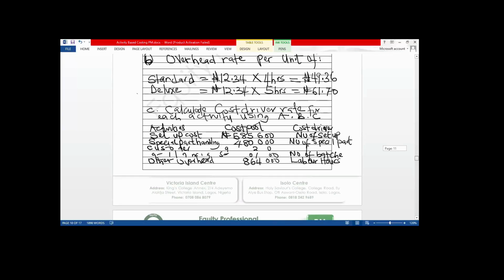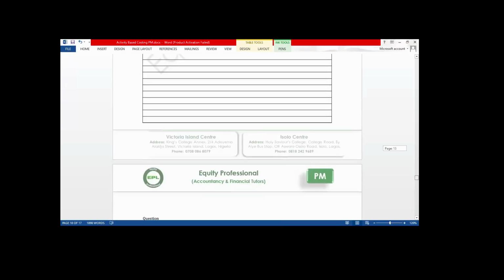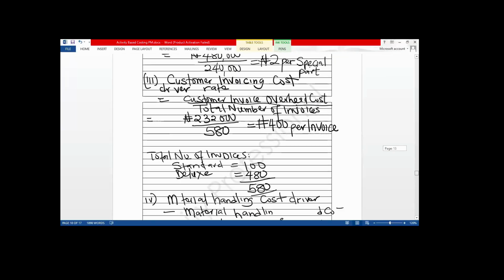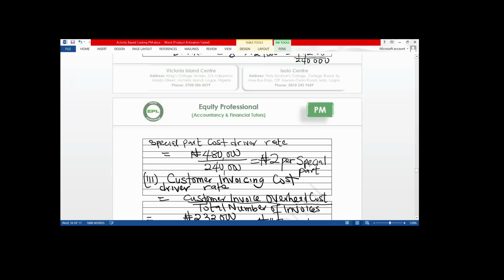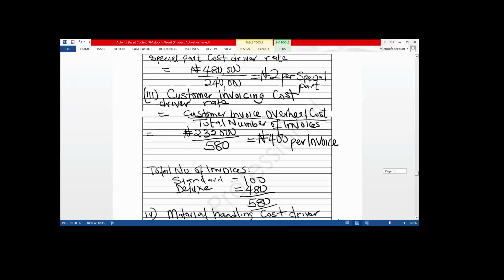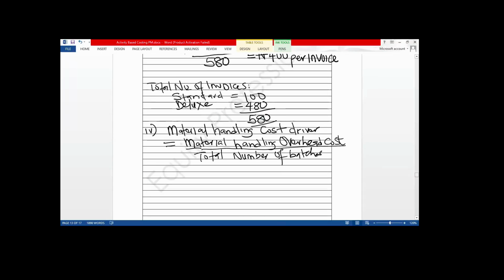So the examiner says the overhead cost of material, the cost driver is number of batches. So the total number of batches, I have 12 batches for standard, 240 batches for deluxe. So I'll come here. What is the overhead cost of material handling?